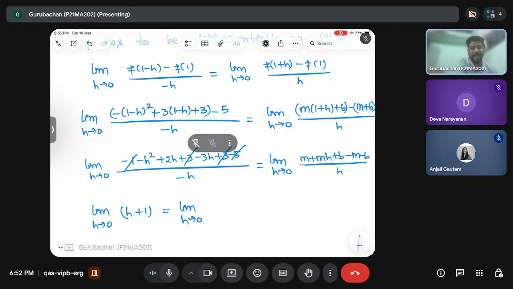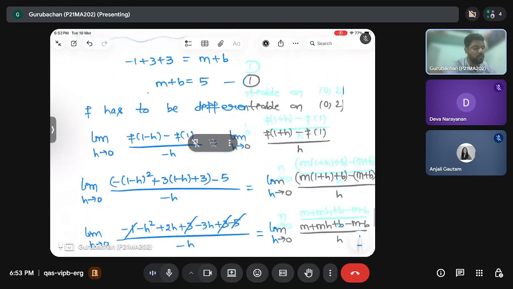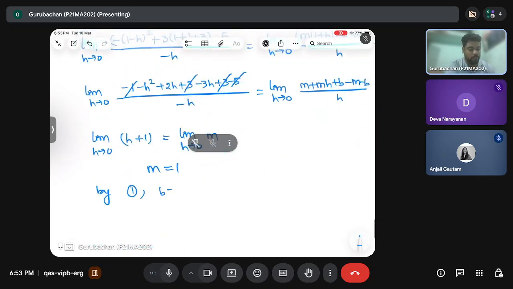From here h will cancel out, and mm will cancel out, bb will cancel out, you will be left with only m. So this will give you m equal to 1. Now by equation number 1, you know that m plus b is 5, then b must be 4.